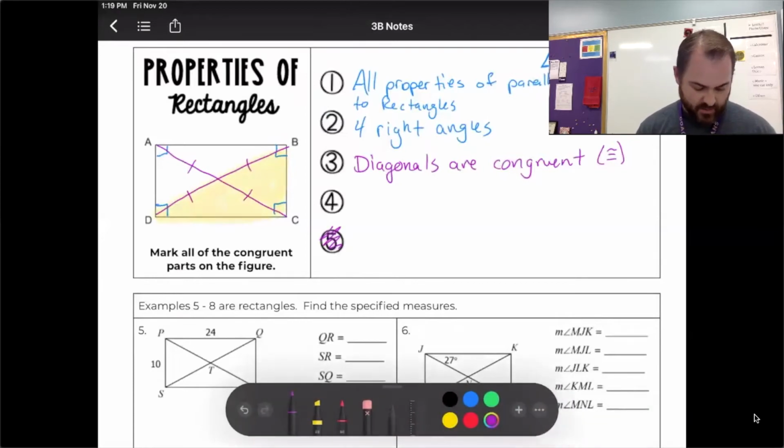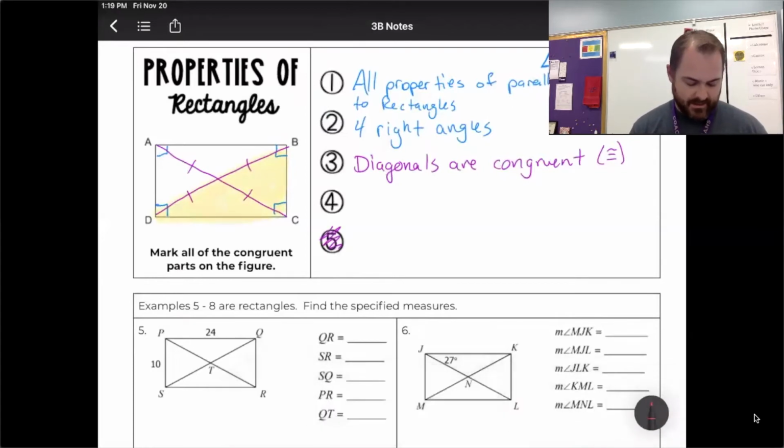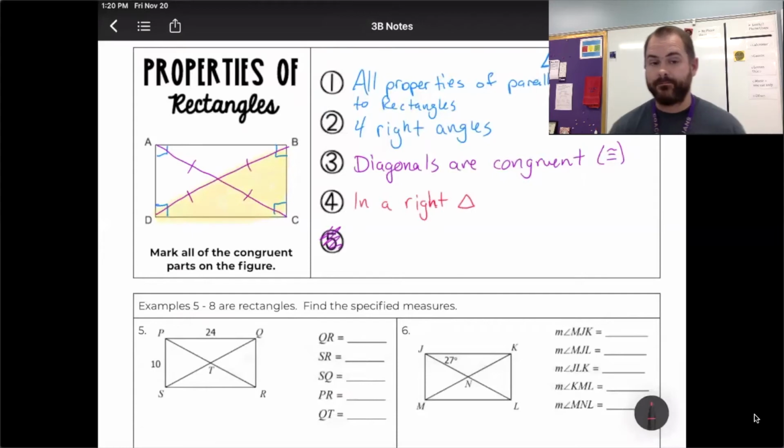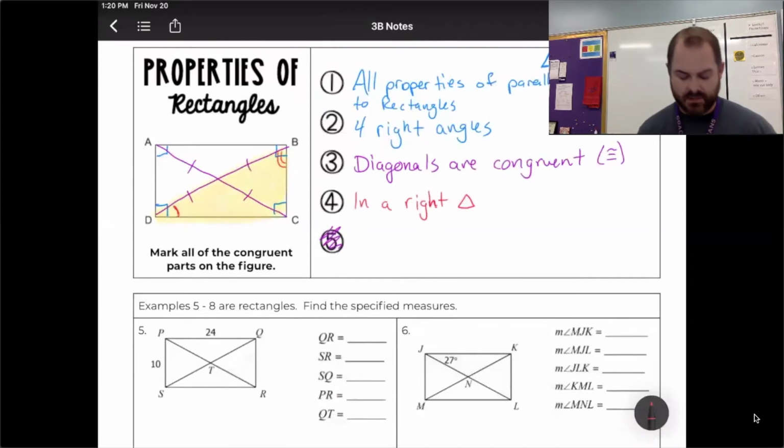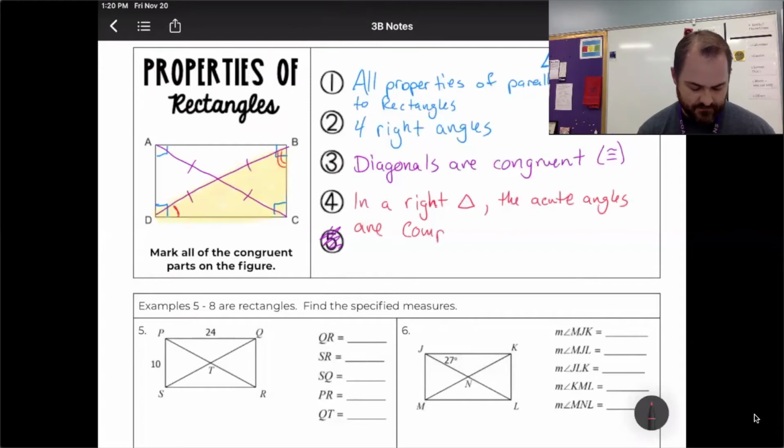The property we need to understand is that in any right triangle, we have two of these angles here that are considered the acute angles. Those acute angles, meaning the ones that are not the right angle, are complementary.